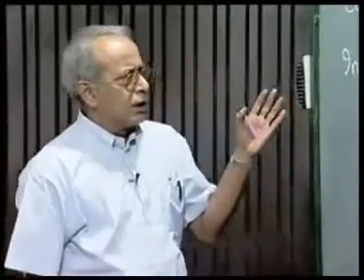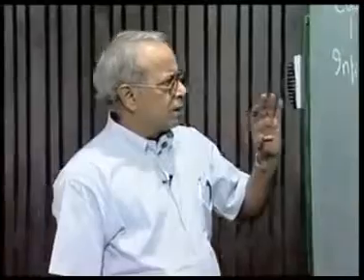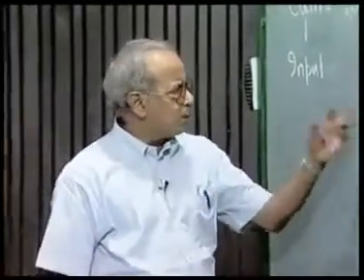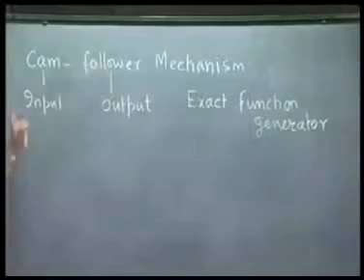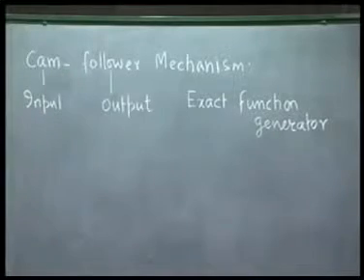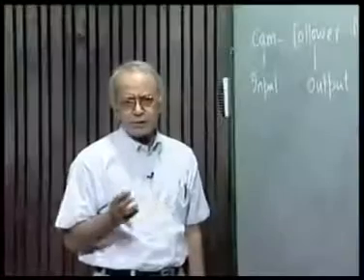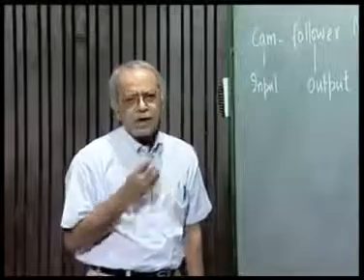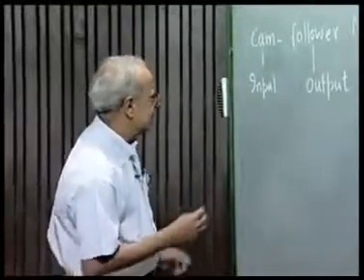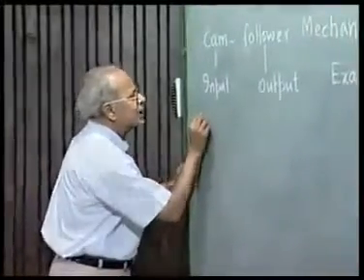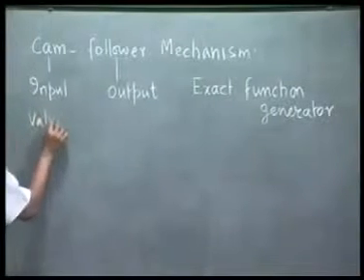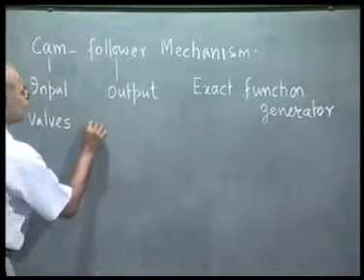Such complicated coordinated movement between the output and the input link is possible by using cam follower mechanisms, which are widely used in various machines, particularly for timing purposes, as in the case of moving the valves of an automobile.